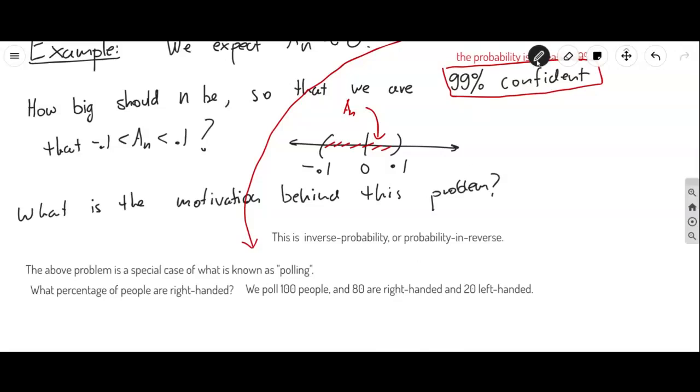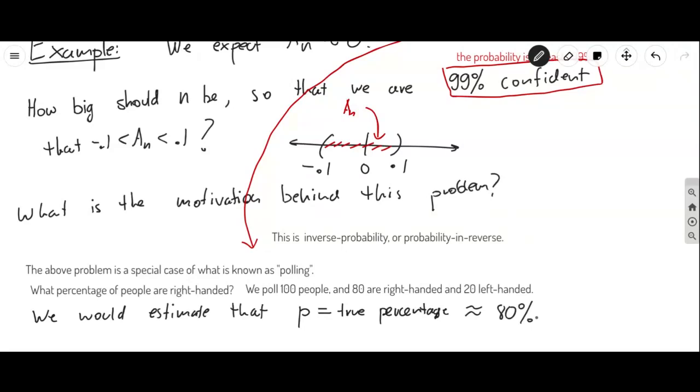So you can estimate, right? We would estimate that, let's say P, which is the true percentage, this is the mysterious number that we're trying to find. The true percentage should be around 80%.